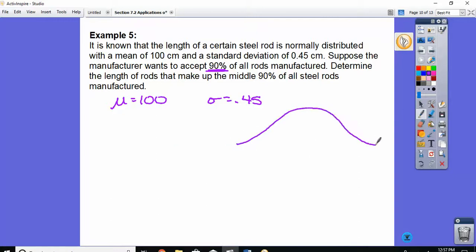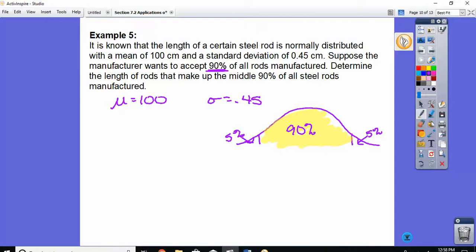The middle 90%, so we've got a normal curve. I want the middle 90, so this part is 90%. So what's this represent? And this would be... You guys agree with that?